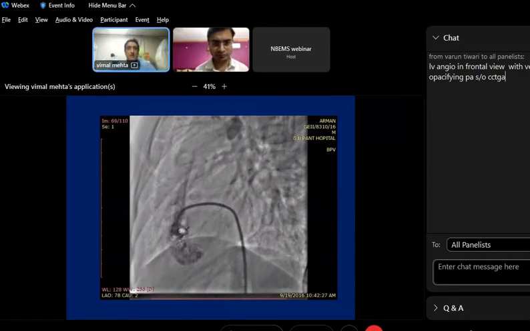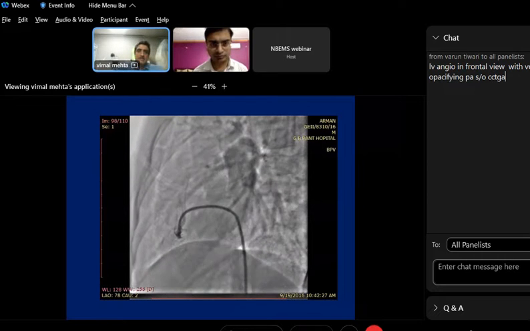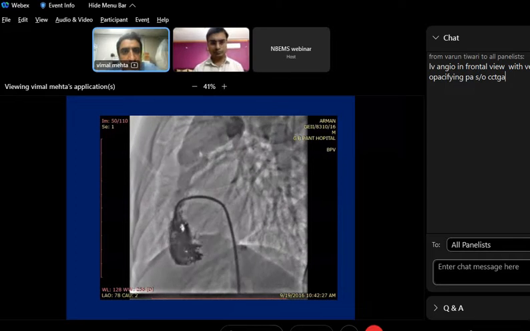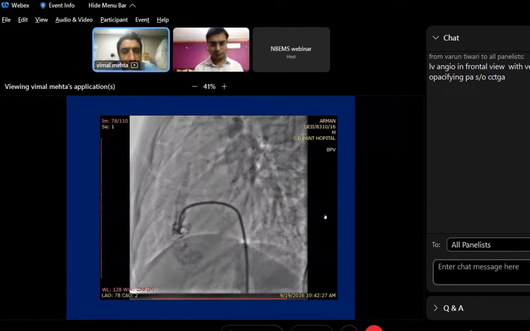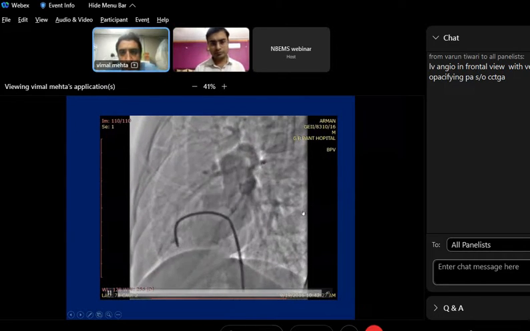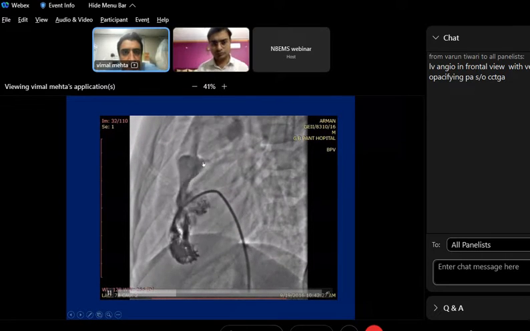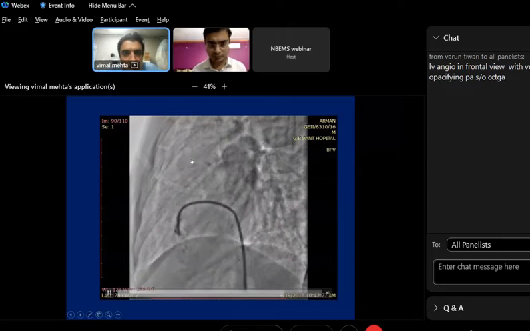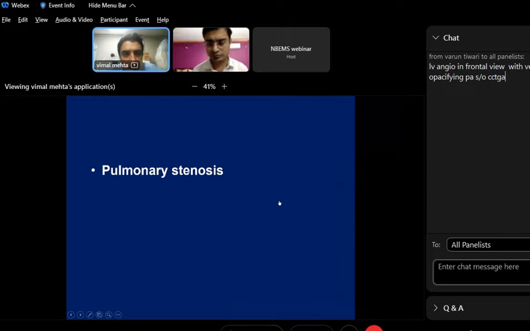Because in all these pulmonary stenosis cases, you have to rule out that you will have a case later on which has multiple kinds of defects. So there is no VSD, and so you see the valve. Normally you will not see this beautifully. You see the valve over here. Now this is pulmonary stenosis, and this is an incomplete diagnosis, because you cannot call it just pulmonary stenosis.